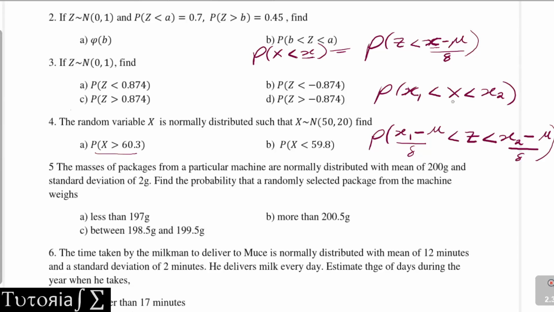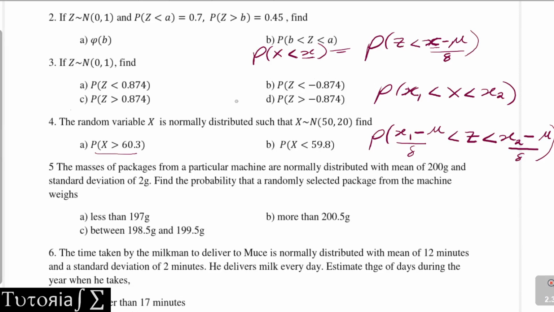If we're looking at x that is between x1 and x2, this will be x1 minus the mean over the standard deviation, then the sign that is there comes here, less than z less than, as the sign here, x2 minus the mean over the standard deviation. This is how you convert. Let's just look at an example and we move on from there.